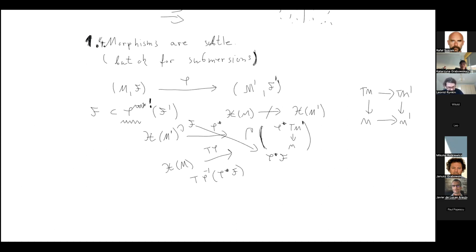So we multiply with C infinity of M in the end. And when the map is a surjective submersion, because T phi is fiberwise surjective, this gives us a nice, well-behaved notion, but in general, it doesn't.